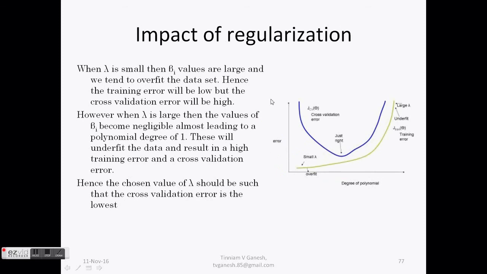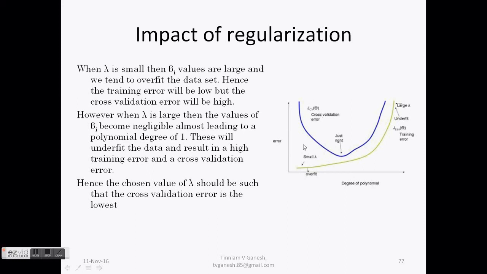Again, with the regularization we saw in ridge and the lasso, when there's a small lambda, you tend to overfit, and for a large lambda, it would make some of the coefficients zero, it wouldn't generalize well, it would underfit.